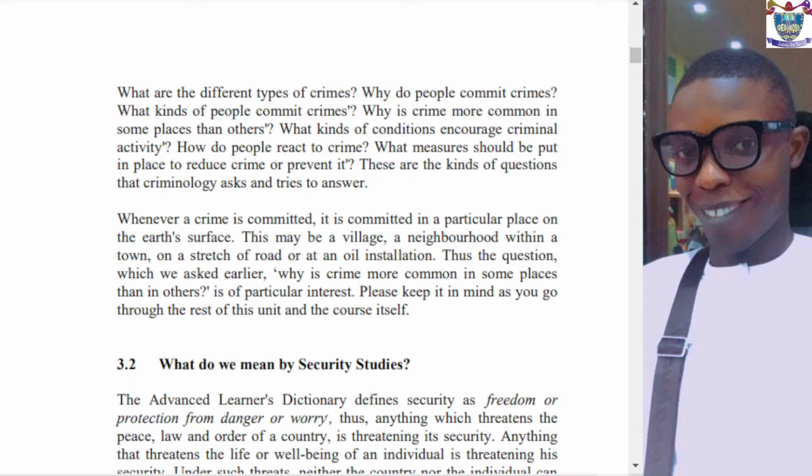What should be put in place to reduce crime or prevent it? These are the kind of questions that criminology asks and tries to answer.